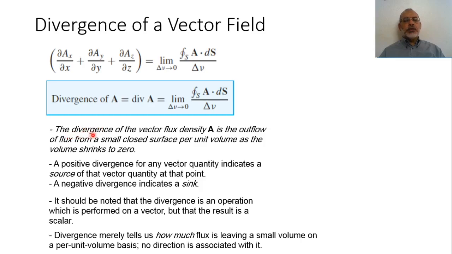The divergence of vector flux density A represents the outflow of the flux from a small closed surface per unit volume as the volume shrinks to 0. If we have positive divergence, this means that the vector quantity indicates a source.